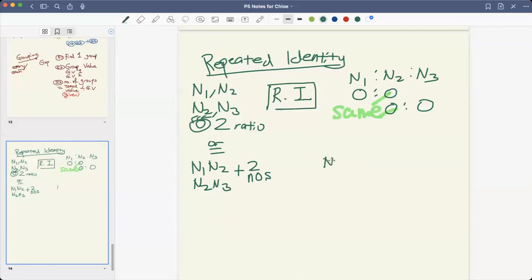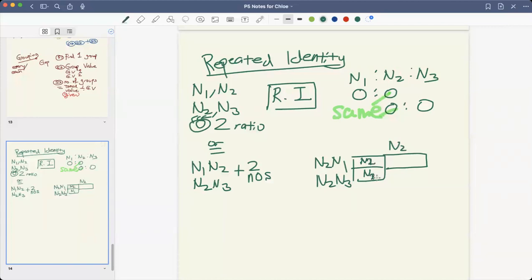So you have n1, n2. You have n2, n1. Later I show you why. n2 and n3. Okay, why? Because when n1 is repeated, I will draw at the front. And then we have your n2. Okay, a mistake.